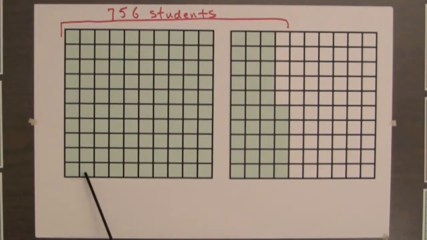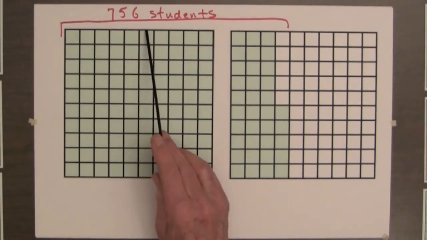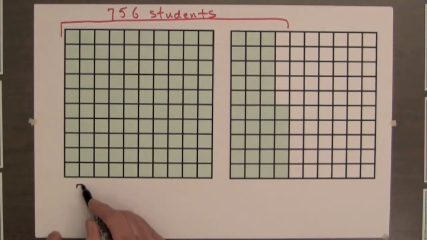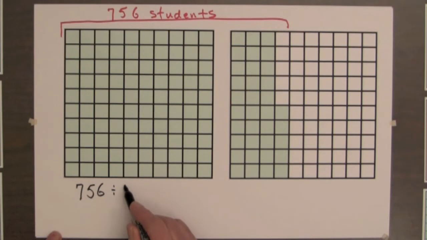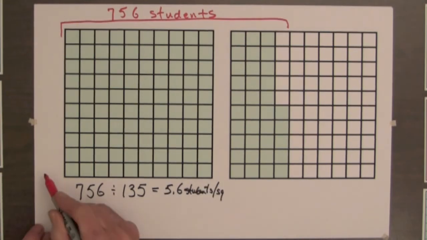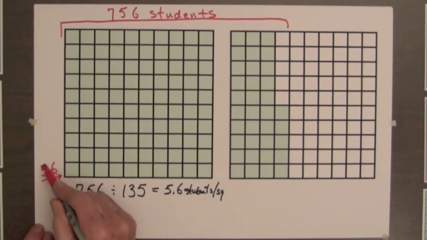To find the value of each small square, we divide 756 students by the 135 small squares. 756 divided by 135 equals 5.6 students per square. And we label one small square 5.6 students.